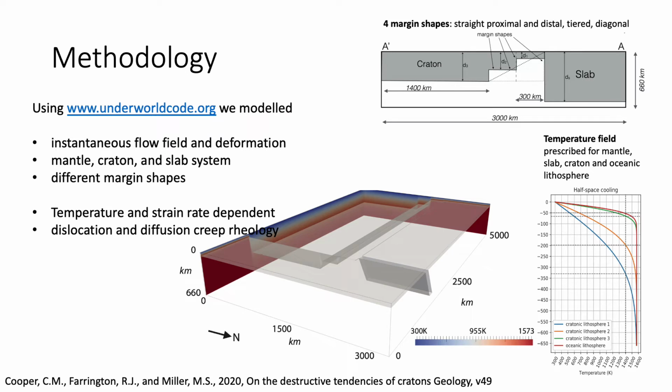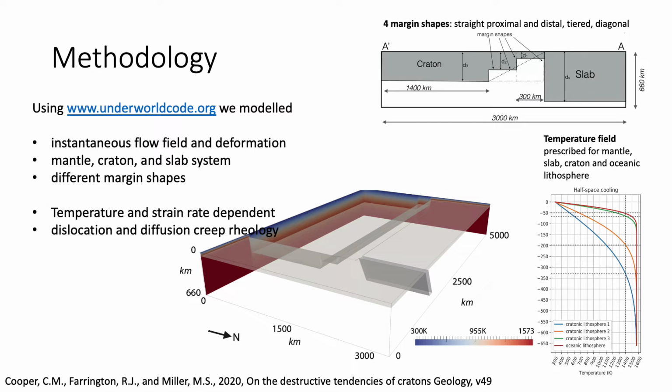So the methodology we used to answer some of these interesting questions was a numerical approach. We used the code Underworld, and we modeled an instantaneous mantle flow field and the resulting deformation using mantle, craton, and slabs. We chose 4 different margin shapes.